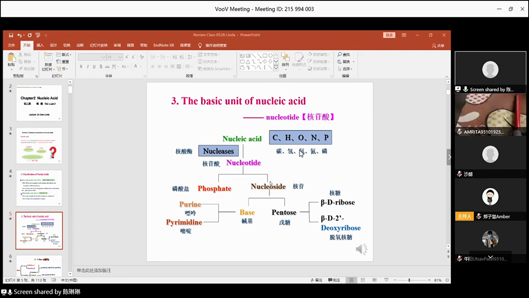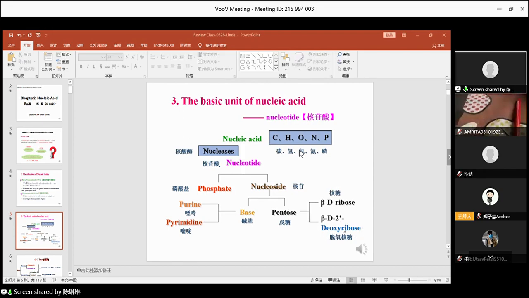And then the nucleoside can be further hydrolyzed into bases and pentose. And the bases include purine and pyrimidine, okay? And the pentose includes the beta-D-ribose in RNA and beta-D-2'-deoxyribose in DNA.